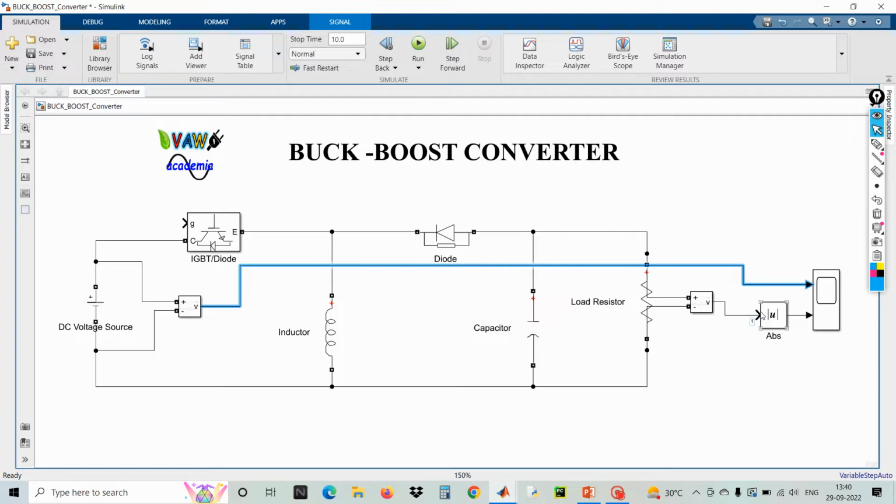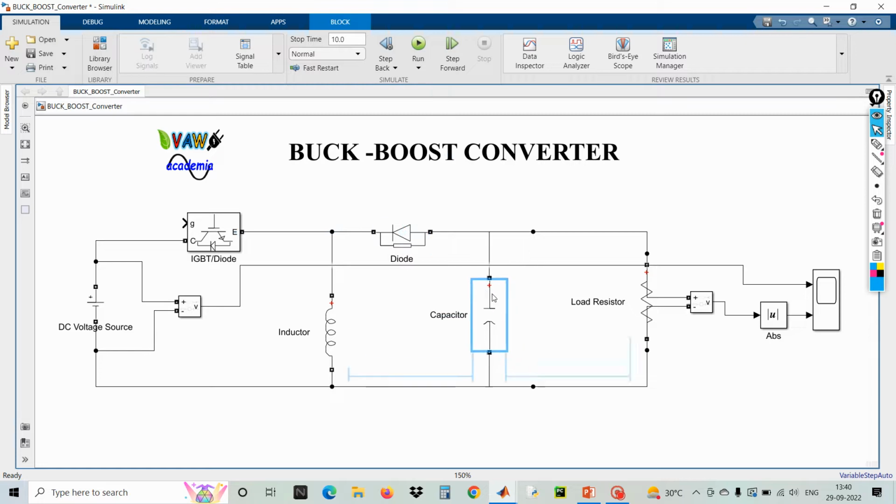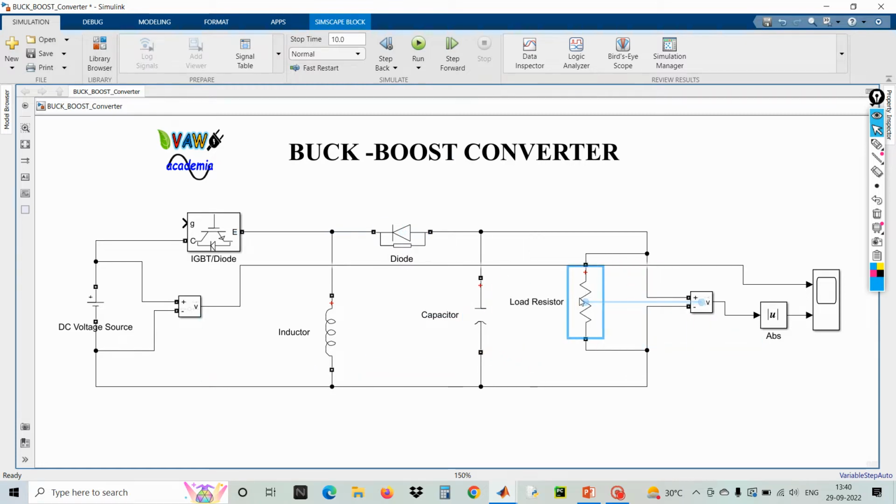Output voltage is negative of input voltage into d divided by 1 minus d. So this is one important thing you have to do in buck boost converter. This is not required in buck converter as well as boost converter. Okay, fine.